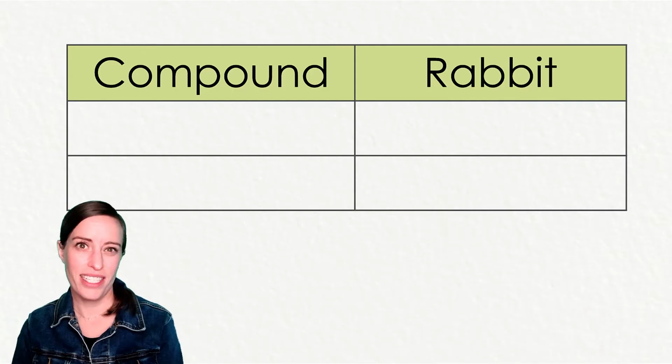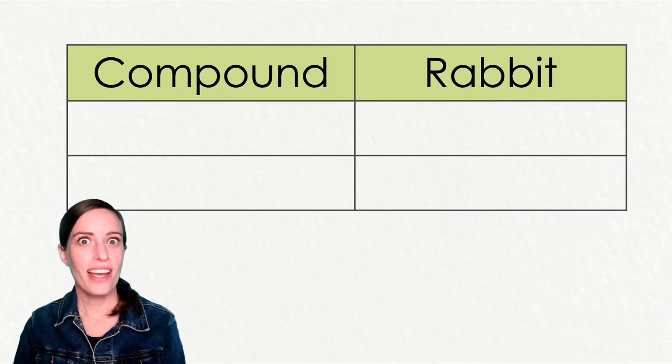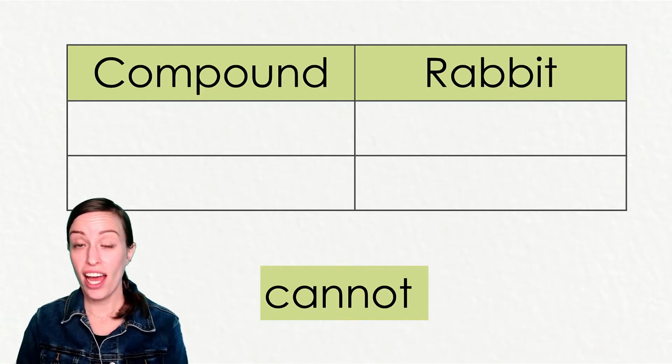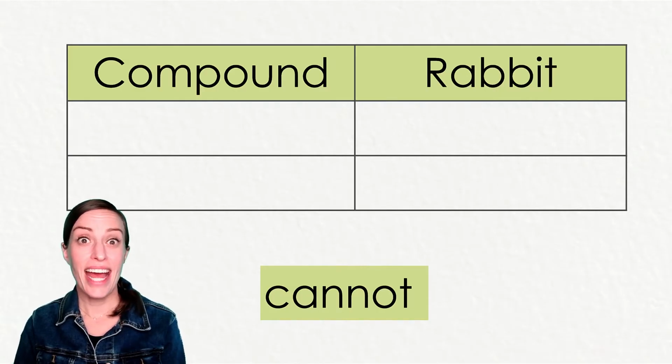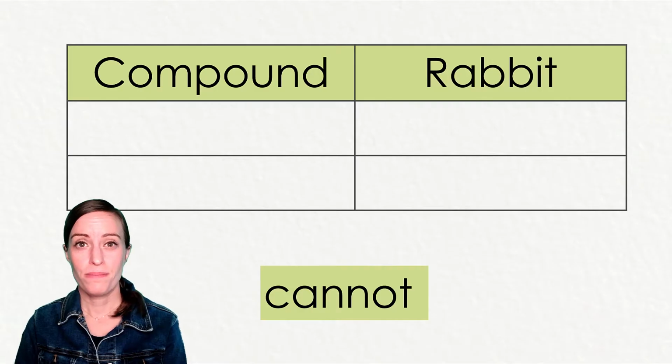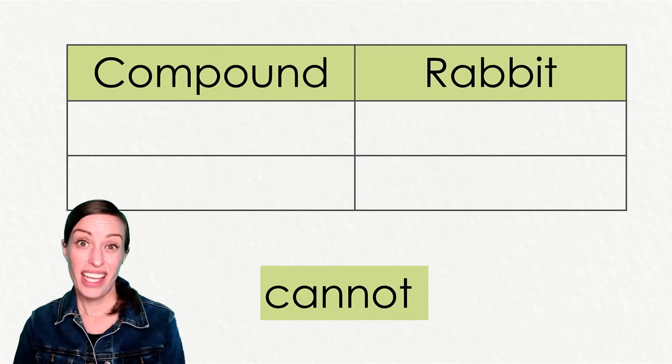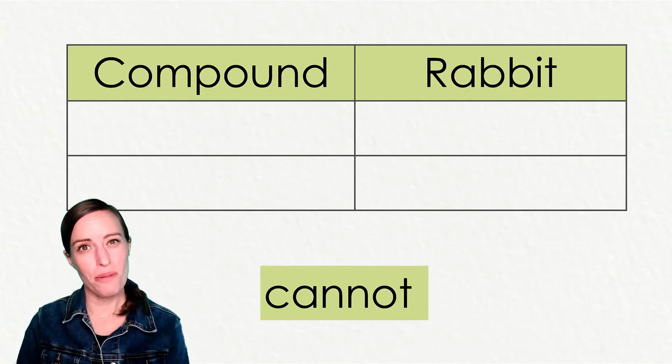Let's do some sorting together. Let's look at our first word. Cannot. Cannot. I can see that it has two vowels. It has the short vowel A and the short vowel O. If it has two vowels, how many syllables does it have?